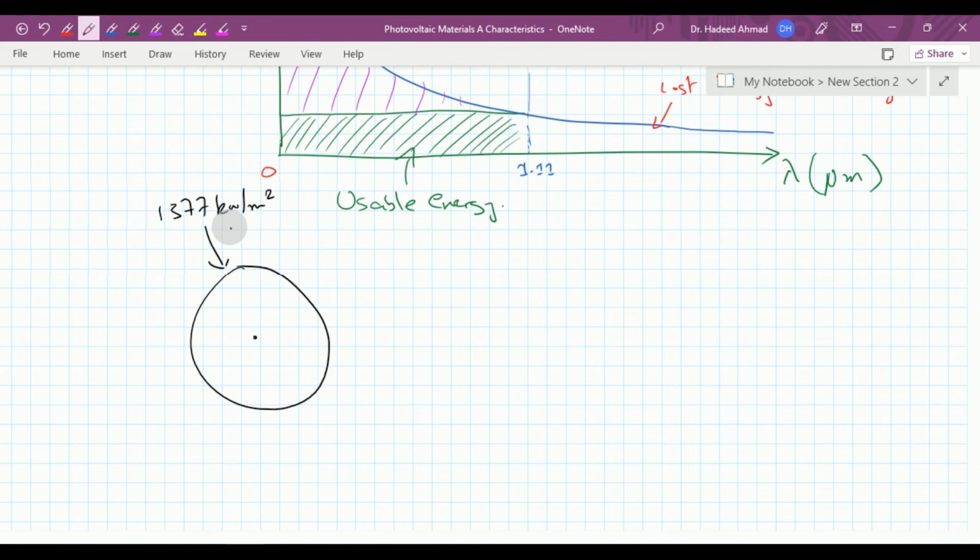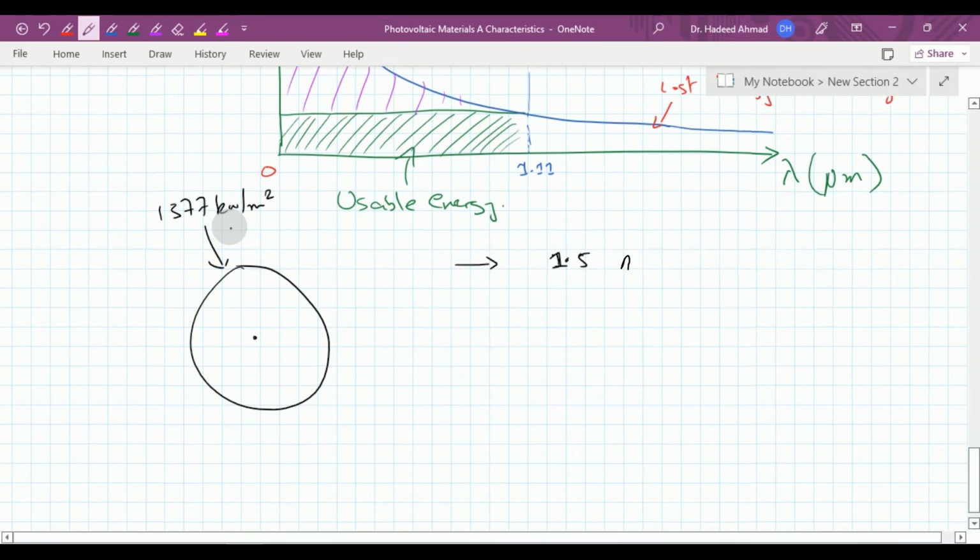So this means that the amount which reaches the surface of the earth is something less than this 1377 per meter square. For all the measurements on earth, 1.5 air mass ratio is taken as standard, and at 1.5 air mass ratio, 2% of sunlight is ultraviolet, which is less than 0.4 micrometer.